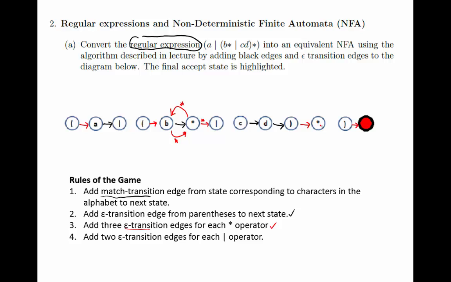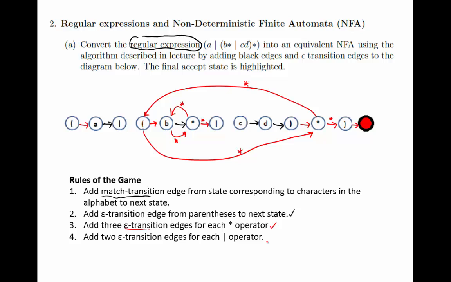To deal with this, we need to have 1 going forward. We need to have 3 of them. Because it's around the parentheses, we should return back here and then back here. So we have 3 epsilon transitions corresponding to that star operator. So we take care of that.